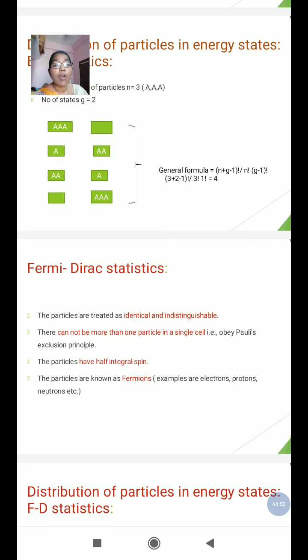Like that, all these fermions have half integral spins, and the particles which obey Fermi-Dirac statistics are called fermions. What are the examples for fermions? Fermions are electrons, protons, and neutrons, etc. So many fermions are there. All these particles have half integral spins and asymmetric wave function.